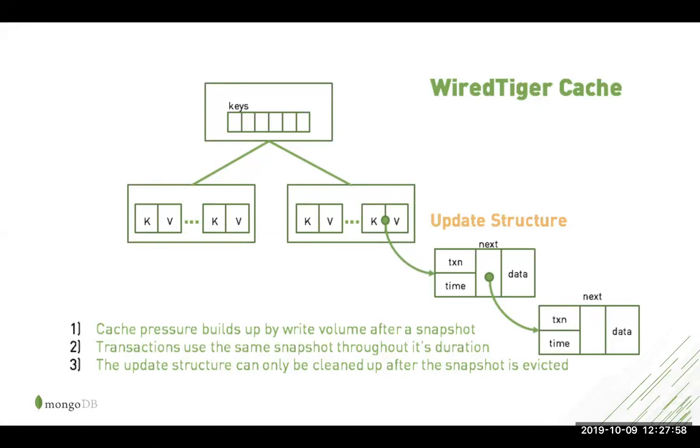That means I have to be able to serve those reads at that version of the document until I can commit the transaction and then release the locks and allow the snapshot to be cleaned up. So transactions use the snapshot throughout their duration. We have to keep that history around, and that's how you build up that cache pressure. And the update structure can only be cleaned up after the snapshot is evicted, right? That's when we release those locks on the resources.